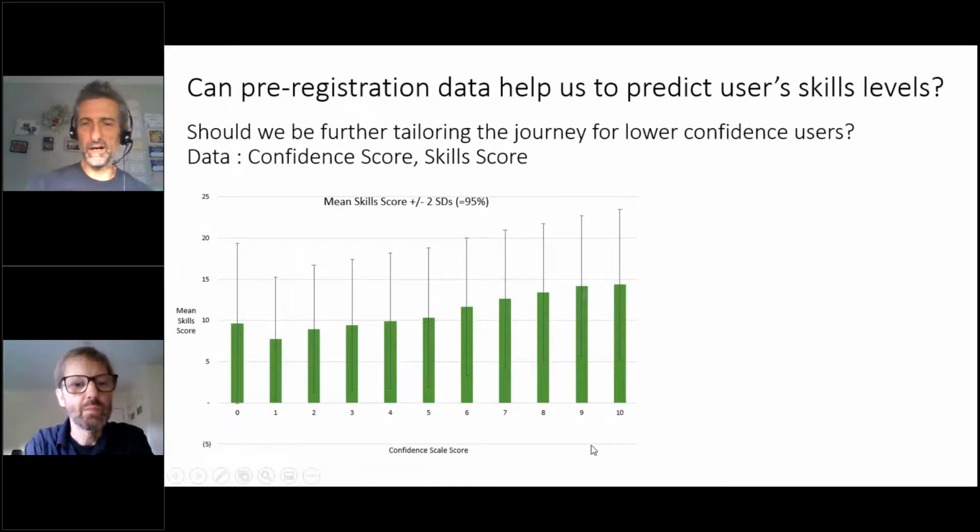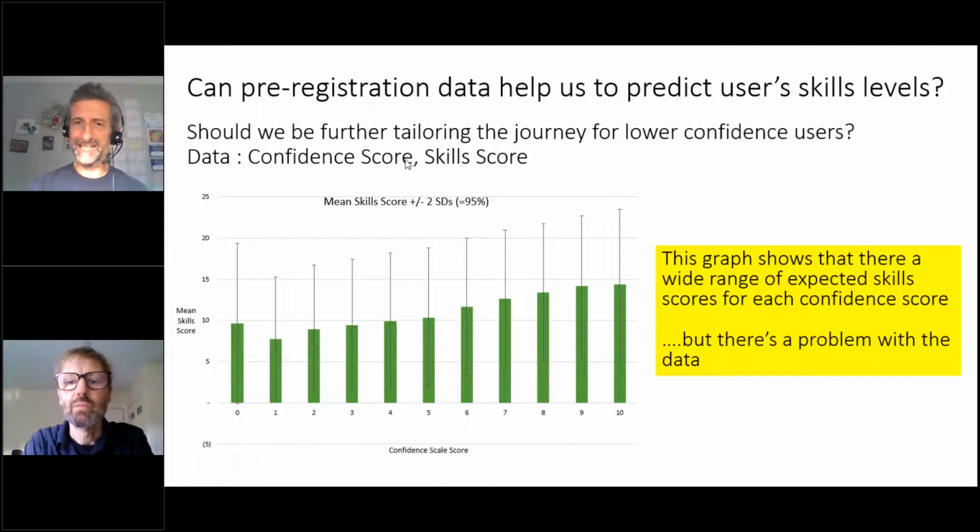And the error bars, these lines here, tell us the kind of range of scores that are possible within 95% of the population. And we can see these error bars are quite wide. So it doesn't bode particularly well for us being able to predict. It's a very nice gradual linear progression, but in terms of predictive power, it leaves a little to be desired.